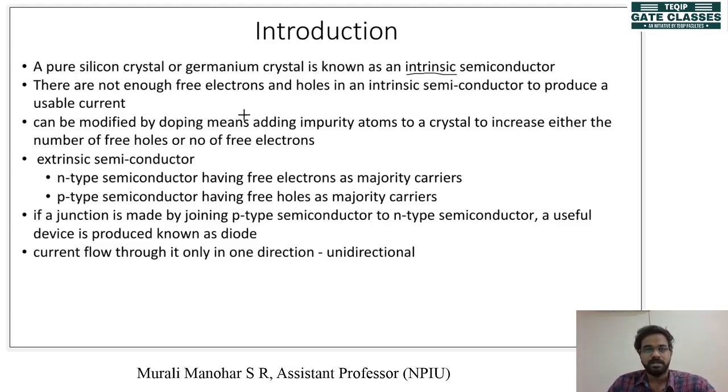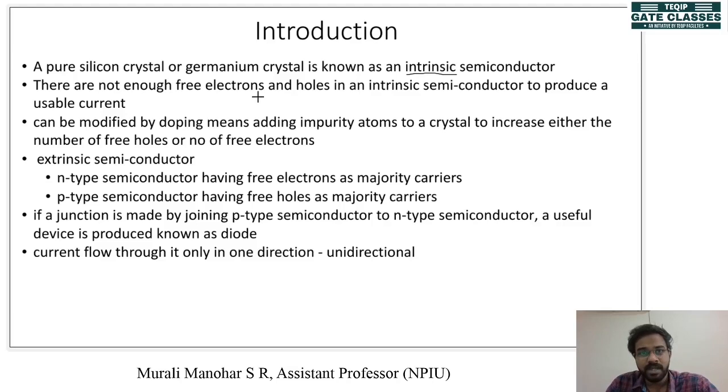So we need some method through which we can produce more free electrons and more free holes, so that we can get a useful current out of a diode or a semiconductor material. What we do is add impurities to the semiconductor material. In an intrinsic semiconductor, we add some impurity, and that impurity can be trivalent or pentavalent atoms.